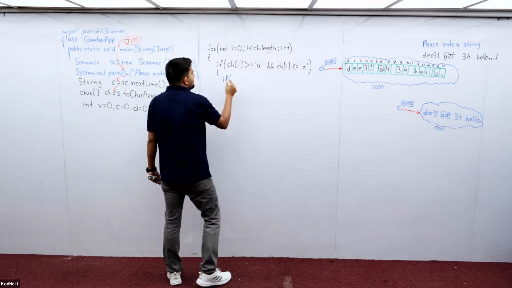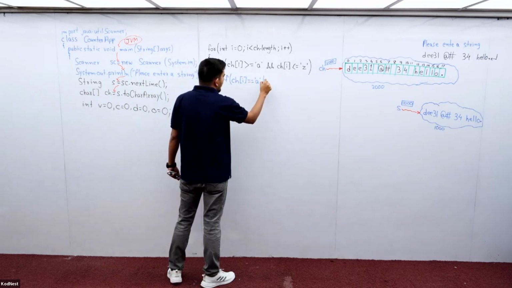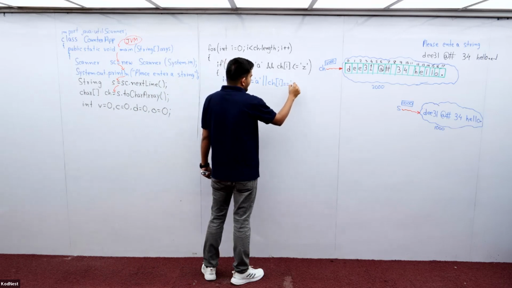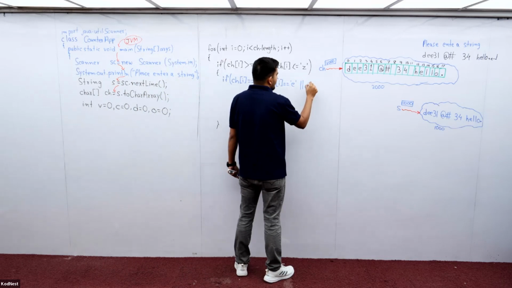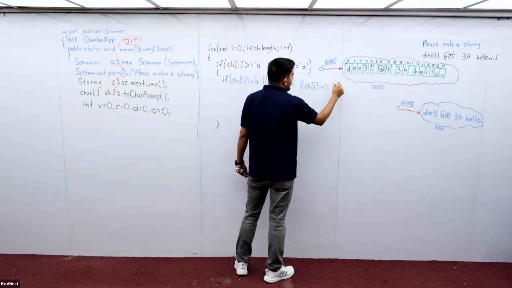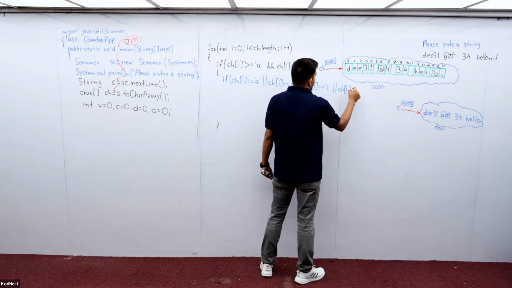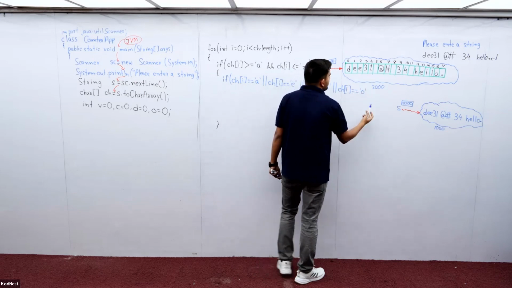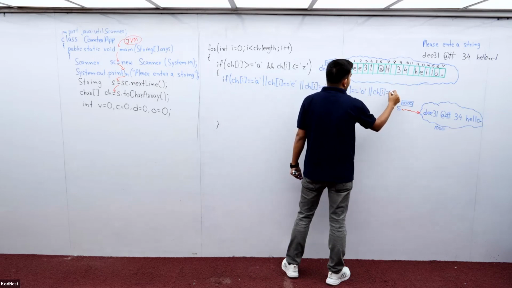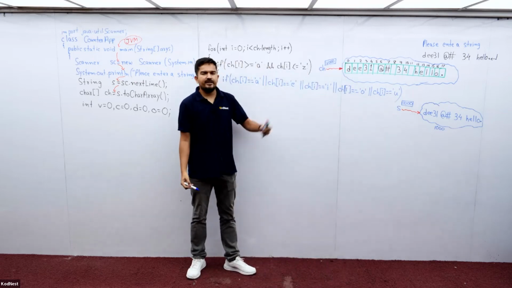Maybe we are going to check if the current character is equal to A, or the current character is equal to E, or the current character is equal to I, or the current character is equal to O, or the current character is equal to U.